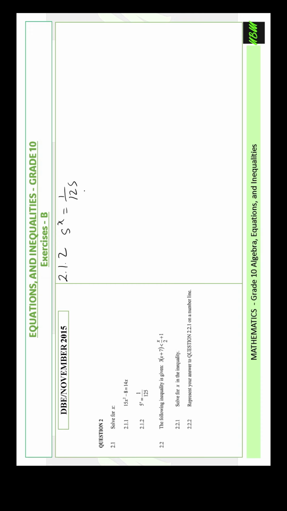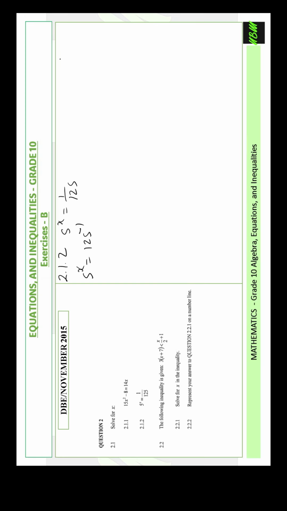So the first step will be what? Let us rewrite that 1 over 125 as an exponent. So we'll be having 5 to power x equals 1 over 125. We can rewrite it as 125 to power negative 1.